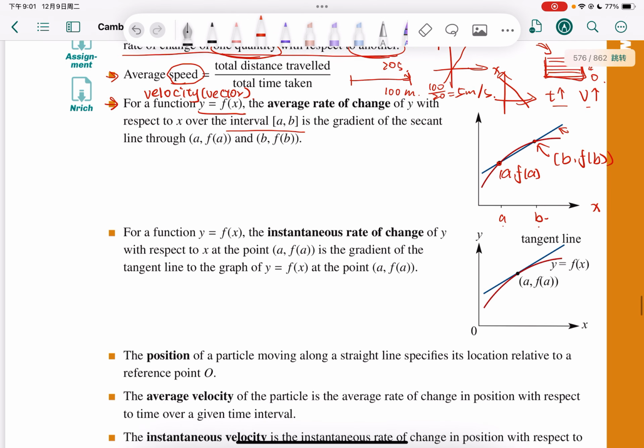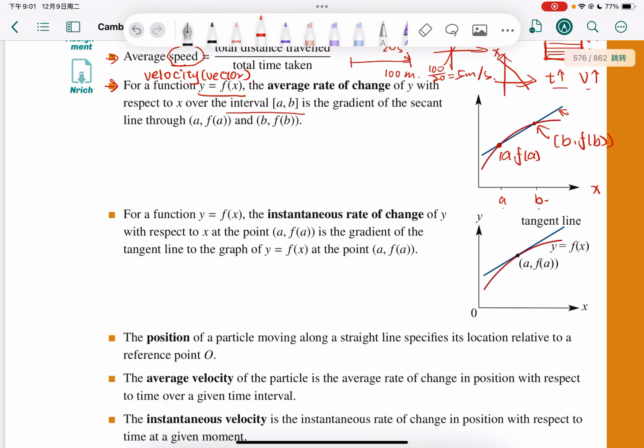And in contrast, what about the tangent line? The tangent line is with respect to a single point. Not like this one, which is talking about rate of change between 2 points. The tangent line is talking about a single point on the red curve.